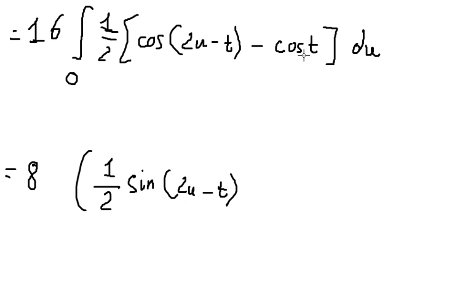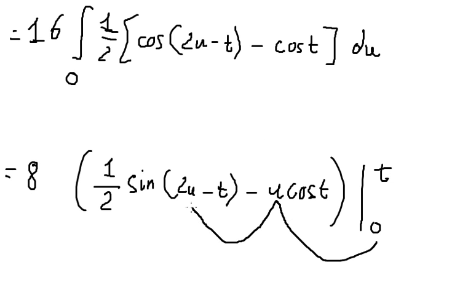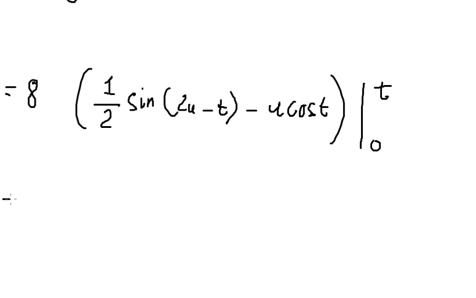The integration of cosine t gives u cosine t, because cosine t right now is a constant, and we put the bound from 0 to t. So I will put t here and 0 here, and we have it like this.